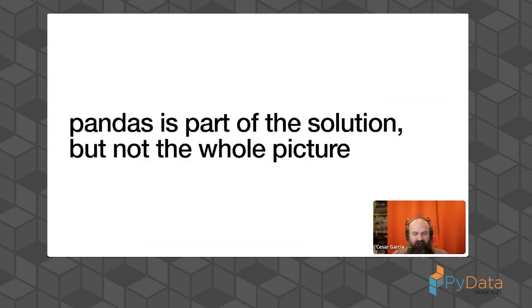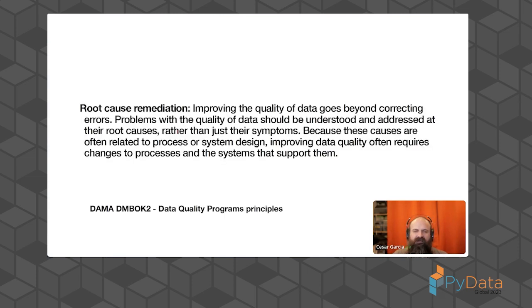So you might be wondering, you talk about pandas, why is pandas not the solution? Well, in my opinion, pandas is part of the solution, but it's not the whole picture. There are a lot of steps before you go into the pandas route, and we are going to see these steps right now, because in the end, what we are trying to do is not just fix the file I got.